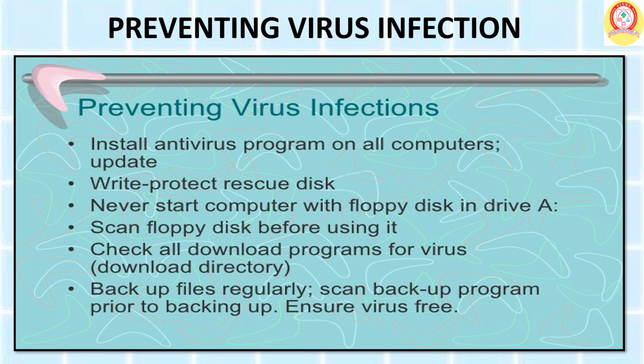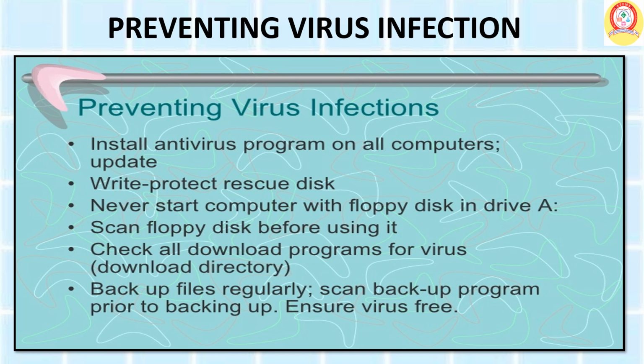Restrict access to your system both offline and online. Only allow trustworthy users to use the system. Never use an unknown disk in your system unless it comes from a trustworthy source and you are sure that it is virus free.